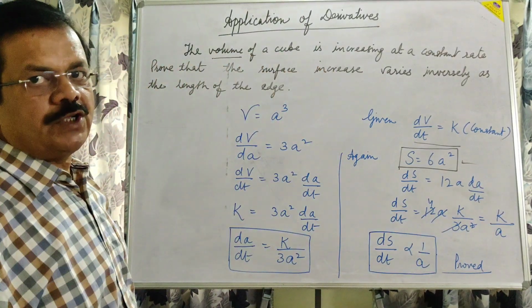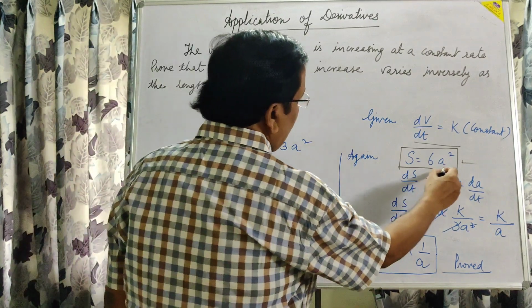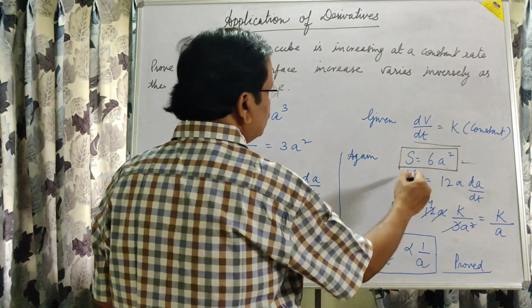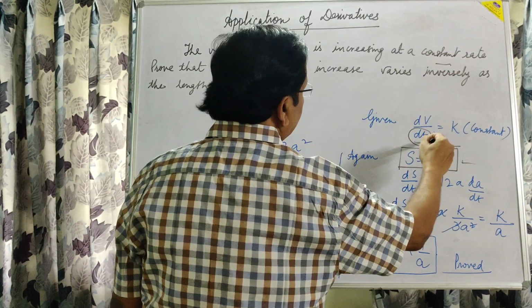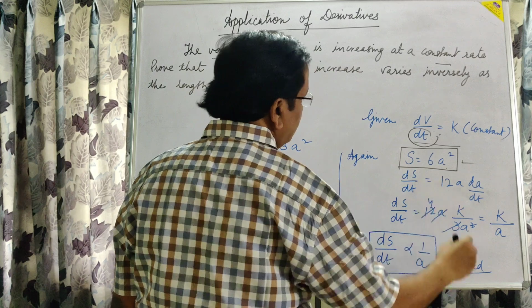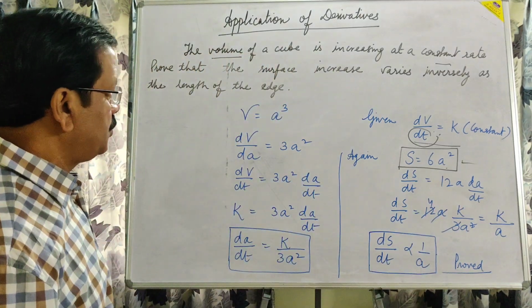What is going to be proved should be differentiated with respect to another variable. But here there is one more variable, time, because for the constant rate we are getting dV/dt, and then we divide by dt on both sides so that we can substitute the value.